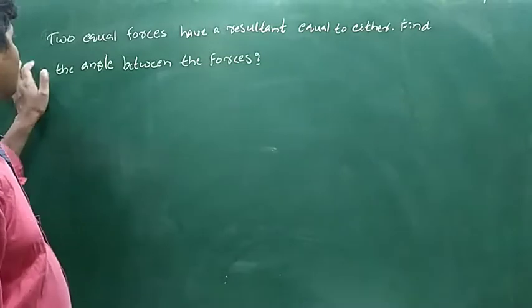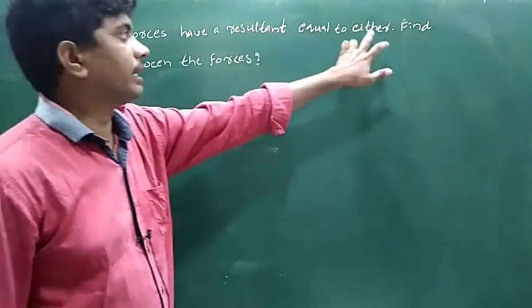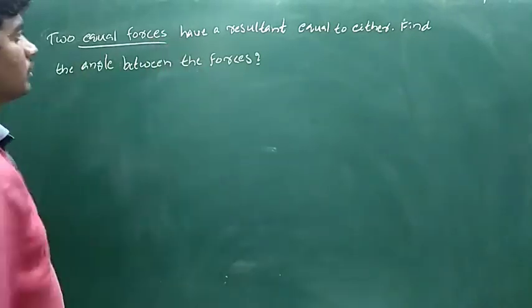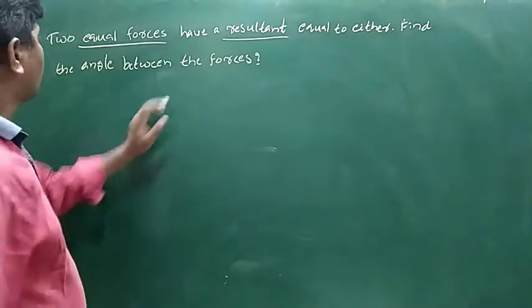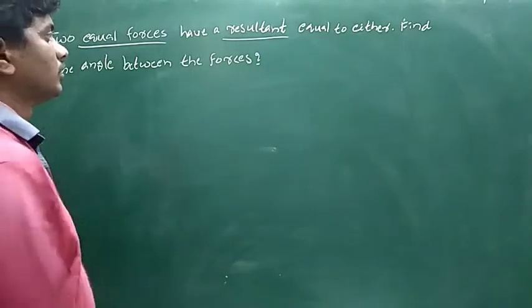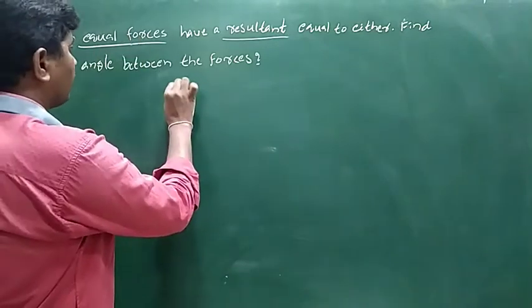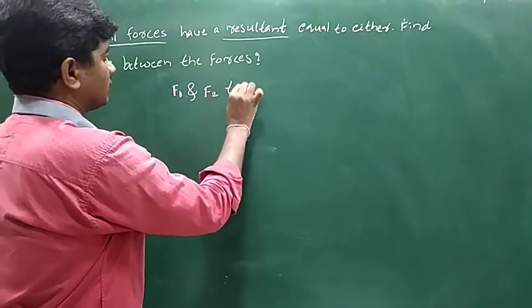The next problem is two equal forces have a resultant equal to either. Find the angle between the forces. The two equal forces and resultant vector are equal. Okay, now first of all, to find the angle between the forces, to find theta. First of all, two forces, F1 and F2.